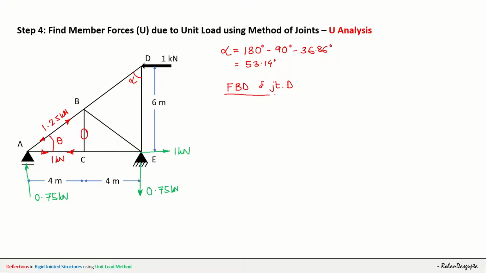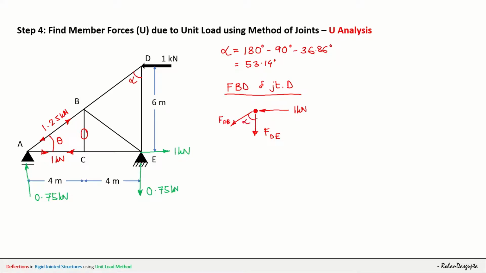So let me first draw the joint, then the known force of 1 kilonewton towards the left, then the member force DE in the tensile direction, so FDE downwards, or should I say outwards, FDB again outwards, and this angle here is alpha.